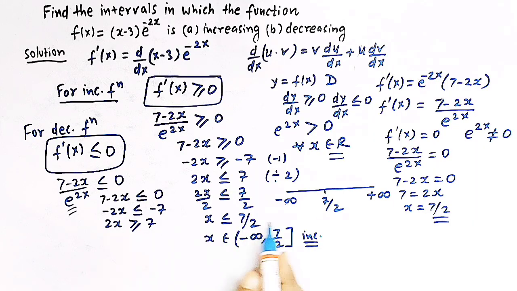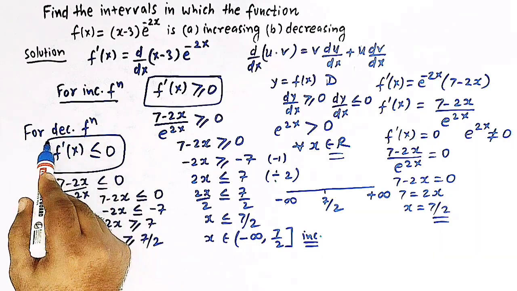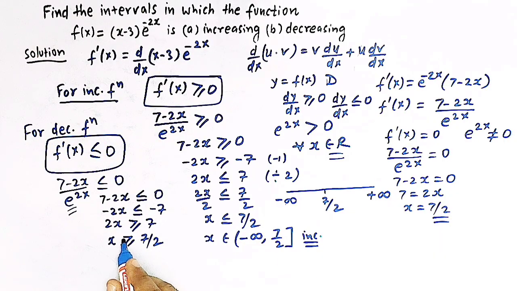And now dividing both sides by 2, here we have x and here we have 7 over 2, right? So this function is a decreasing function when x is greater than or equal to 7 over 2. That is x belonging to the interval 7 over 2 to positive infinity, right?